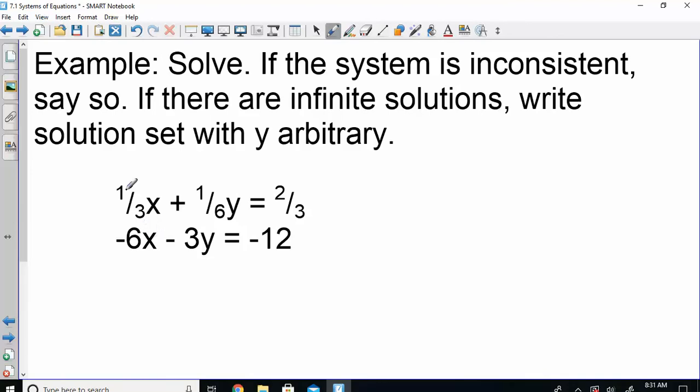Let's think about it in terms, if you wanted to get rid of the 1/3, what would you have to multiply by? A 3. And we want to turn it into a 6, so then you'd have to multiply by 3 into 6, which is 18. So you could do it in 2 steps if you needed to, or we can just say, okay, let's take the top one times 18.